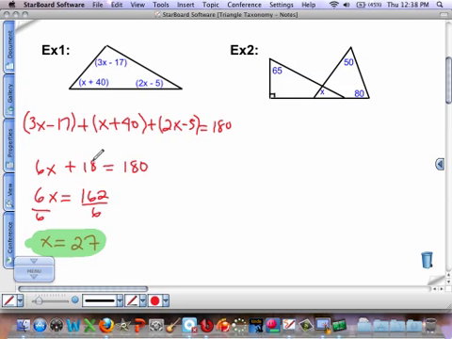Okay, first you do this triangle, you 90 plus 5 plus x.